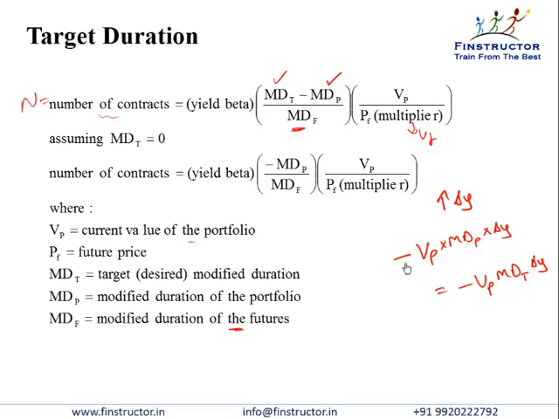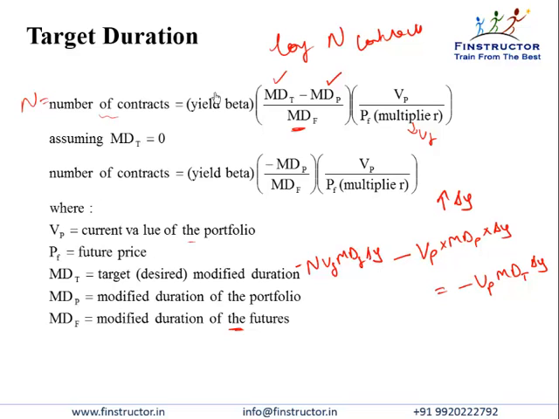What we have with us is a futures contract. Let's assume again that we long n contracts. If we long n contracts, the value of these n contracts will change by minus n into the value of one contract into the modified duration of the futures contract into delta y.